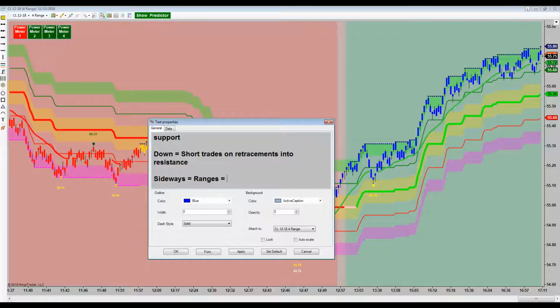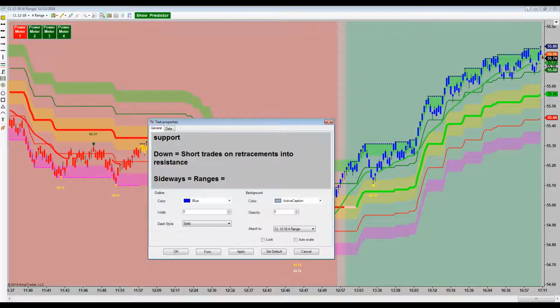Truth be told, unless it's a large, well-defined range and it's an instrument I like and I've traded ranges on it before, I will go ahead and do that. If I'm not comfortable with the range setup, if the top and bottom aren't clear, then I tend to avoid those. And I just wait till the market starts running in one direction or another, resolves itself.